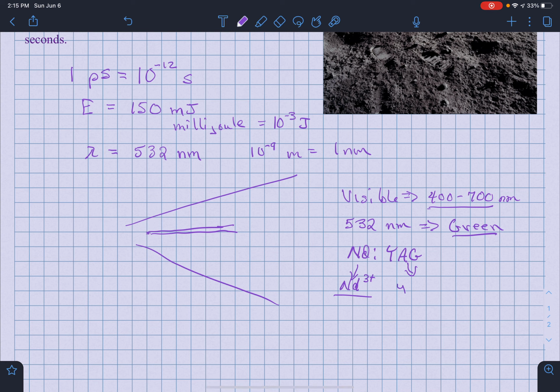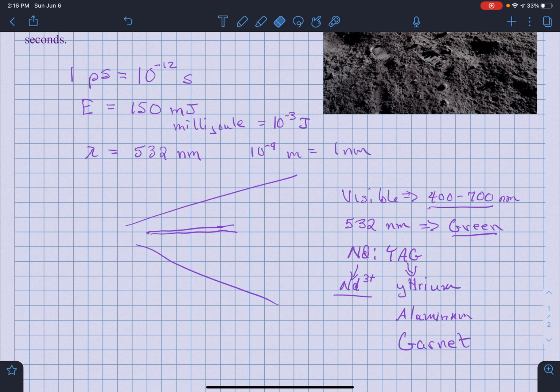And again, that sounds strange. Yttrium is also an element, aluminum, and garnet is a type of crystal that it's embedded in. So that's a fairly common laser, useful for a lot of applications.